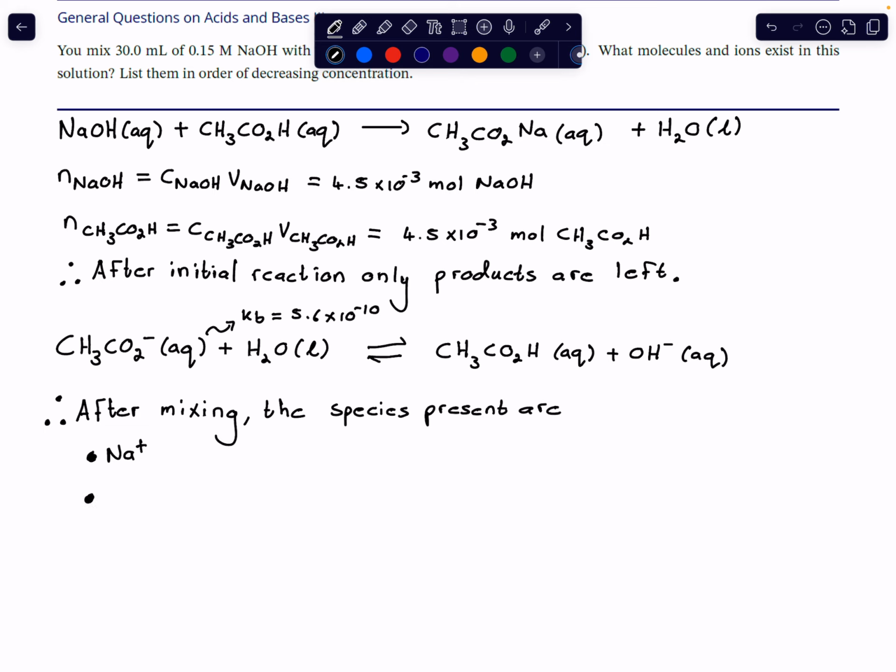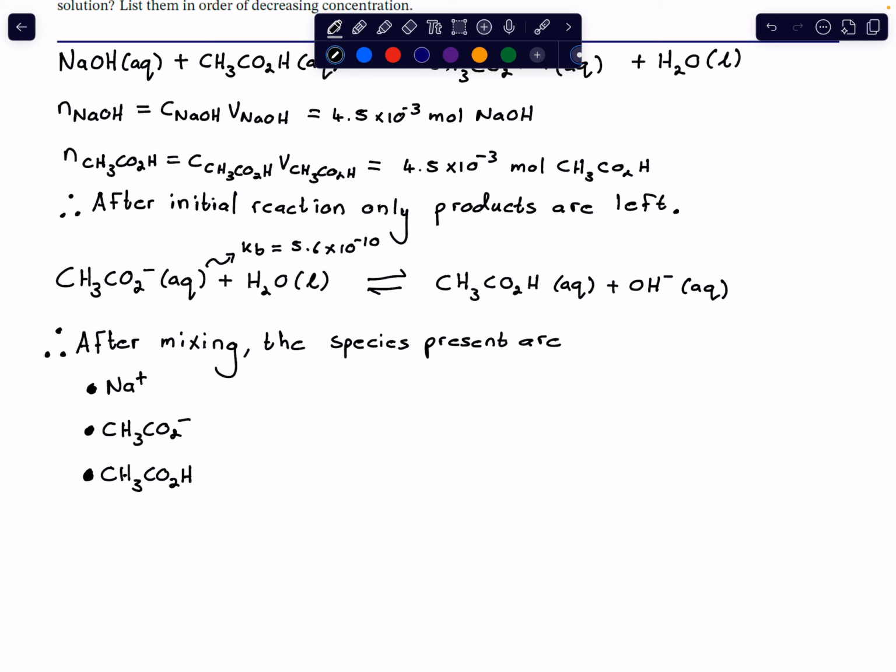There is the acetate anion present. Okay, water doesn't have a concentration, so we don't have to consider that. But what forms again? The acetic acid forms again because of the equilibrium that the acetate anion forms with the water, right? So it's present again, even though it reacted initially and was consumed fully by the sodium hydroxide, it reforms because of the equilibrium the acetate anion has with water.